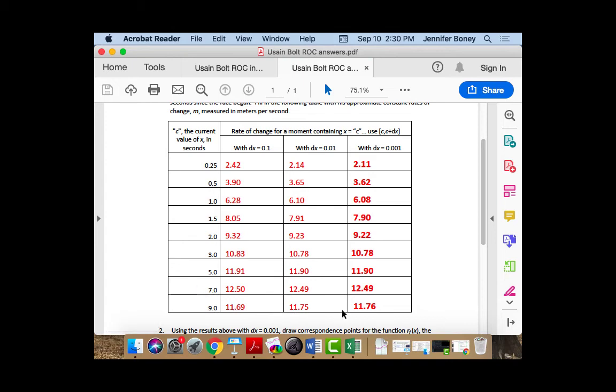At 9 seconds in, if I look from 9 to 9.001 seconds, I get an average rate of 11.7, almost 11.8 meters per second. If I look a little farther, I actually get a rate that's slightly less. If I go from 9 to 9.01 or 9 to 9.1, it's even less than that.